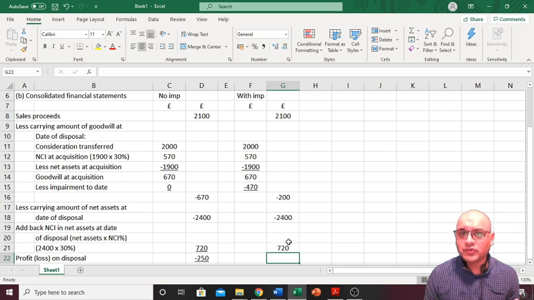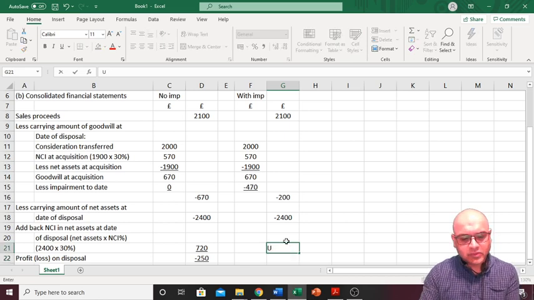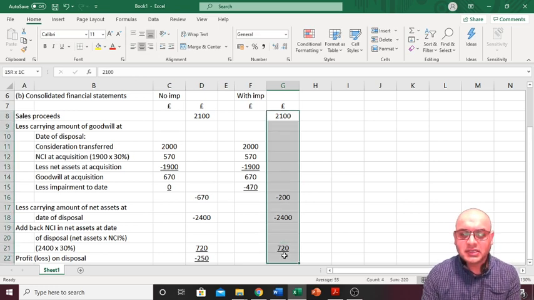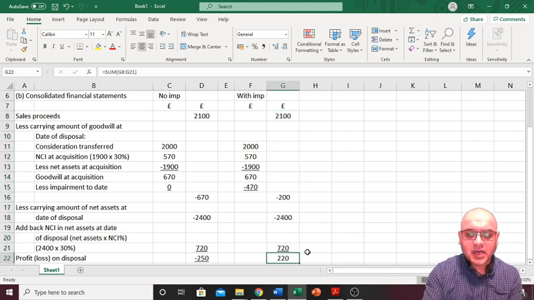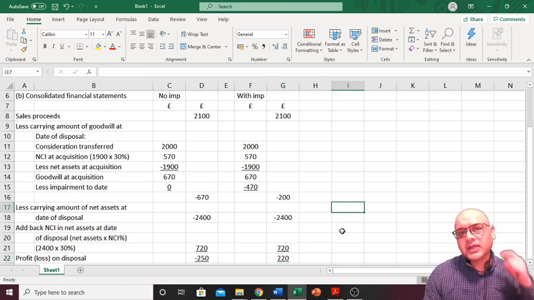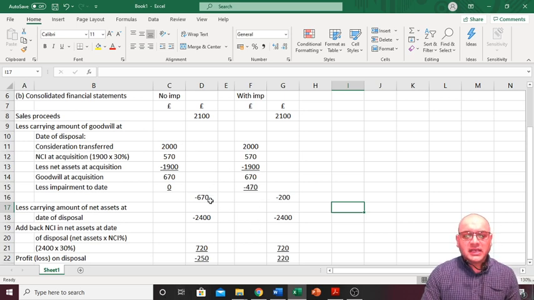Remember, it's not a full goodwill method. If it was a full goodwill method, then the NCIs value at the year end would be different. But here in this case, no. Going back and then doing the total, in this case we have a profit. So the profit will be reported in the statement of profit or loss. Can you see the difference?